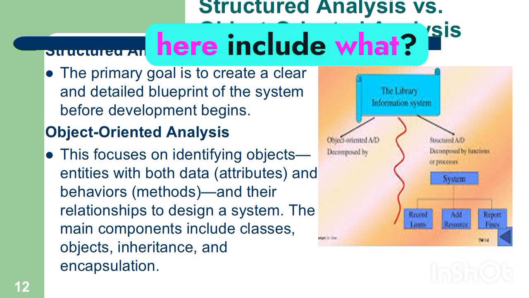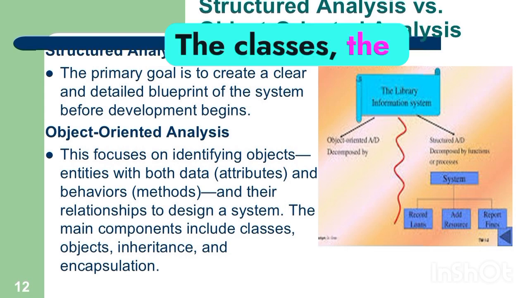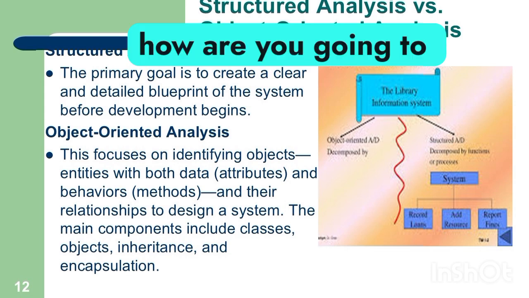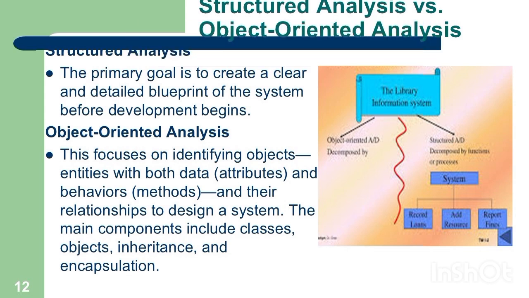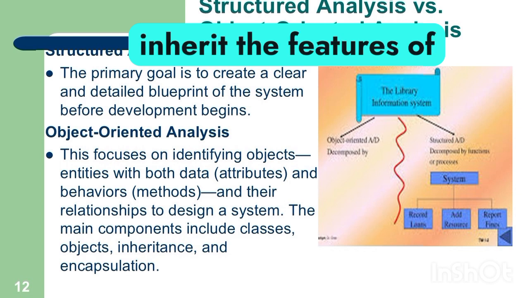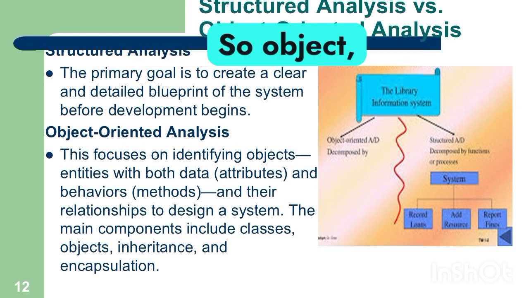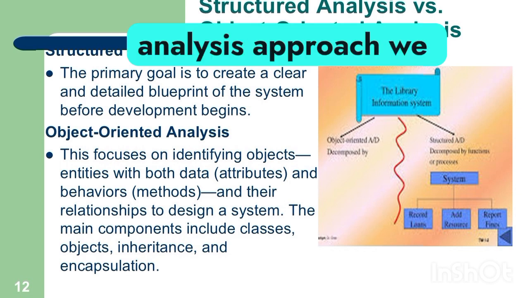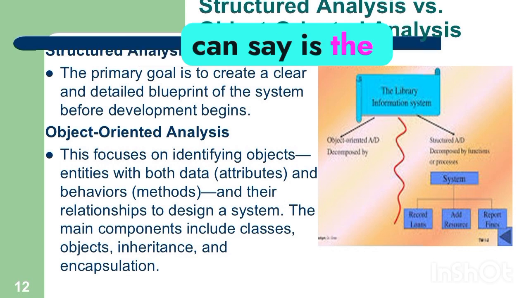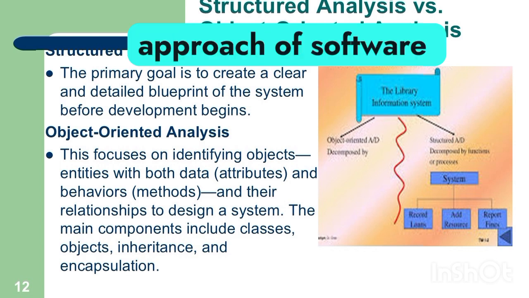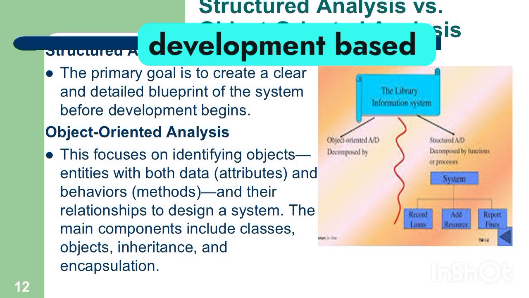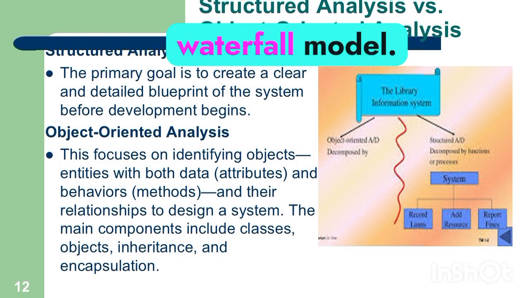The main components here include what? The classes, the object, how are you going to protect your data, how are you going to inherit the features of this data. So the structured analysis approach, we can say, is the traditional approach of software development based on what we call the waterfall model.